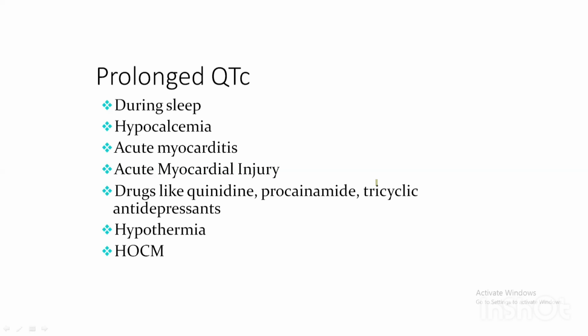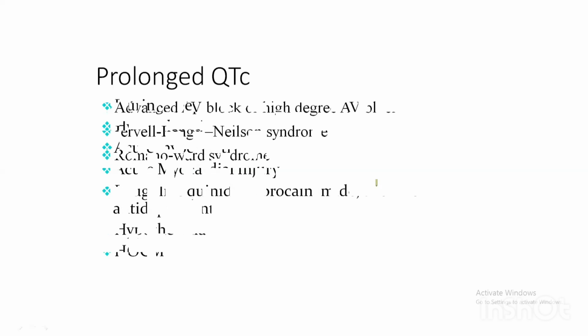Myocardial injury, myocarditis, hypocalcemia, hypothermia, and hypertrophic obstructive cardiomyopathy can all cause prolonged QT, and that is the main reason, in most cases, for sudden tachyarrhythmias and deaths.